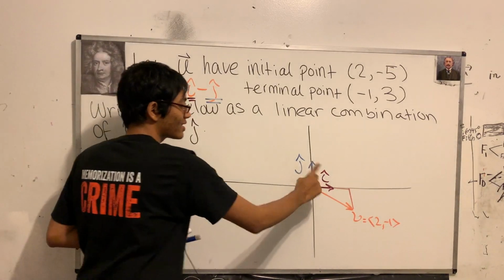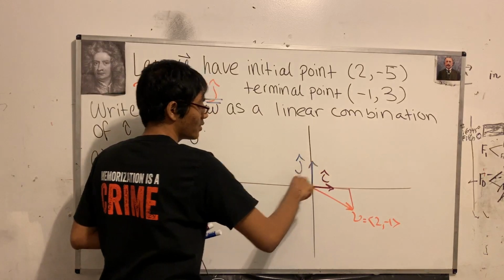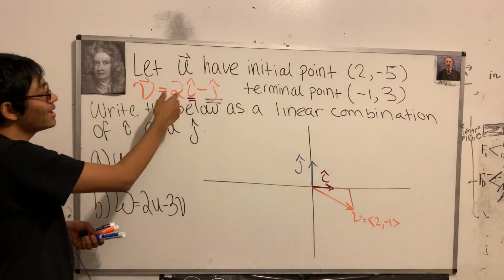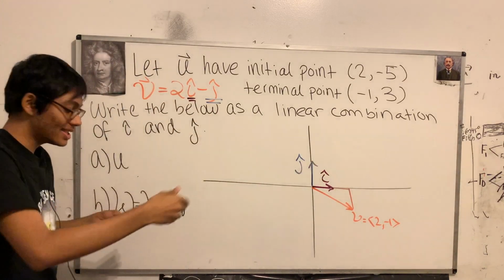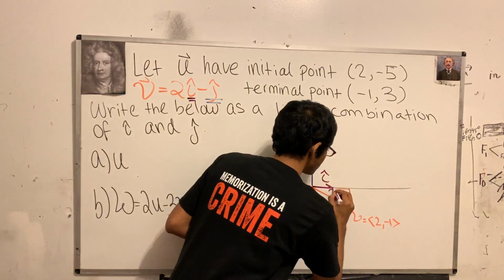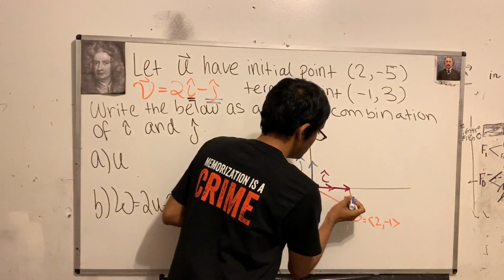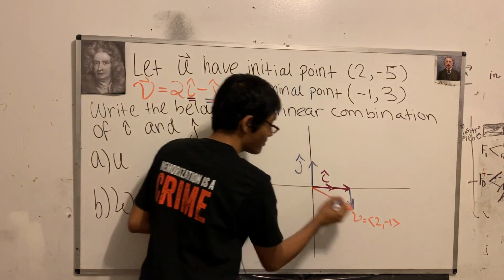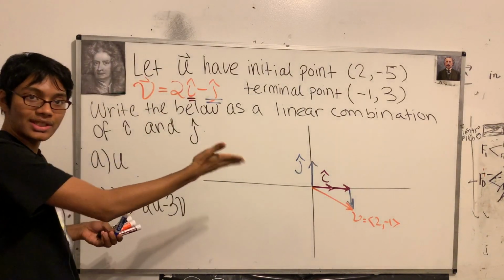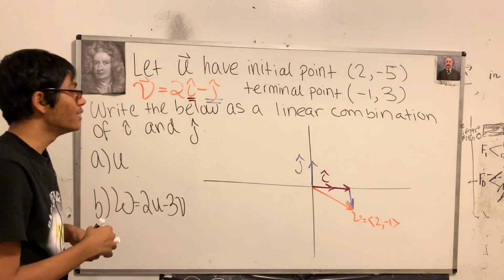So both of these have a size of 1, but one is in the x, one is in the y. So what this really is telling me is I need 2 steps in the x direction and I need 1 step in the minus y direction to make my vector v. And hopefully you can see that very clearly right there.